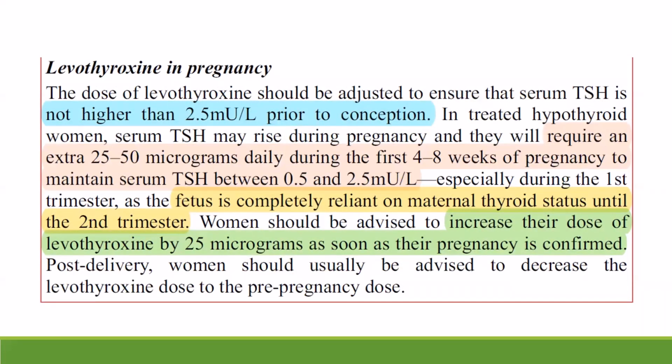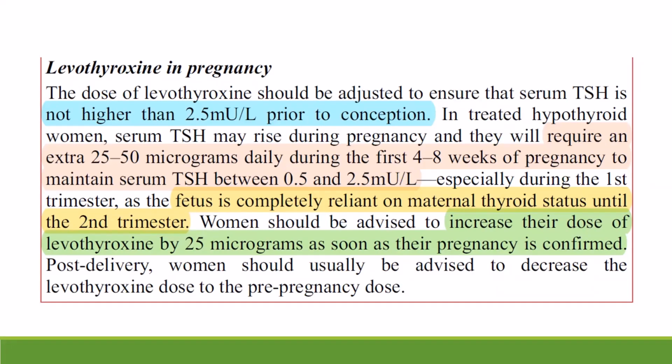Levothyroxine in pregnancy, in management, ideally, we will increase the dosage of levothyroxine. The target TSH is less than 2.5 prior to conception. And once the patient gets pregnant, we should increase the dosage of levothyroxine by 25 to 50 microgram daily in the first 4 to 8 weeks of pregnancy to maintain serum TSH between 0.5 and 2.5.